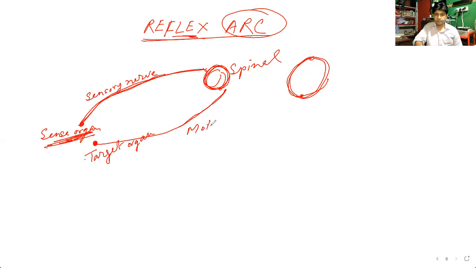You know, that day we discussed the motor nerve. Okay, and this information from the sensory nerve to the motor nerve is carried through the spinal cord by the relay nerve. That day we discussed this. I think you can remember. So these things are involved.